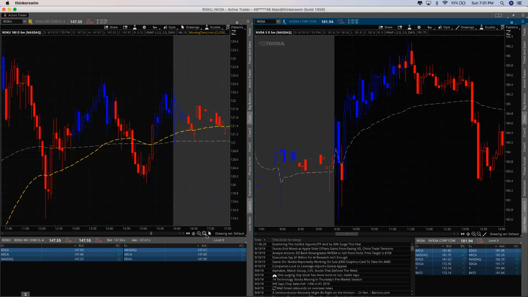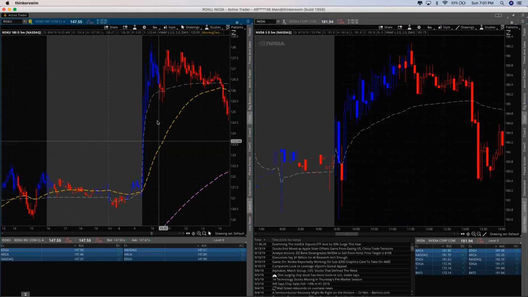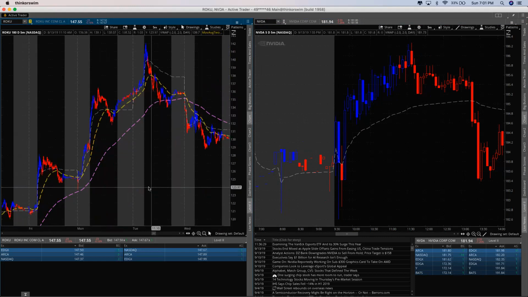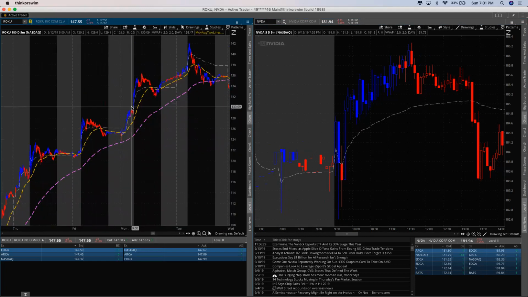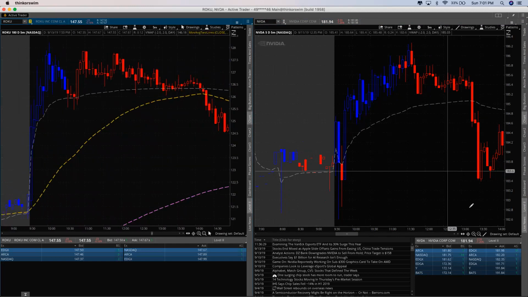It can't be 100% because there are millions of orders creating these wicks and candles, so you can't let it be 100%, but very similar. Look at this, right?